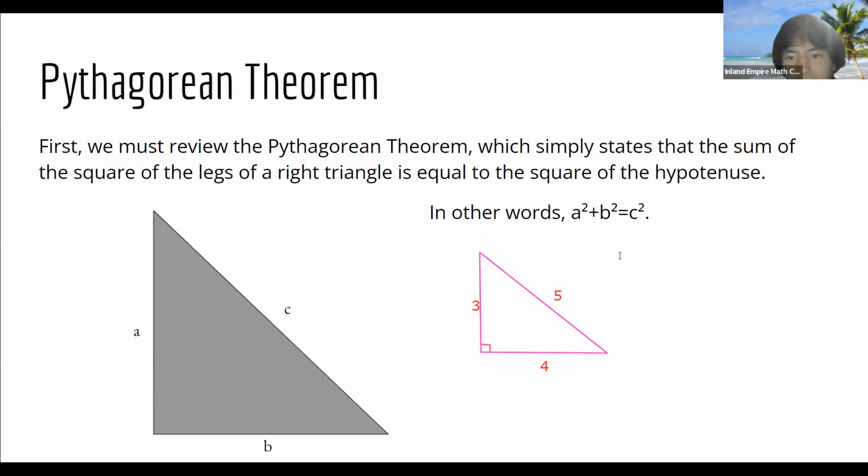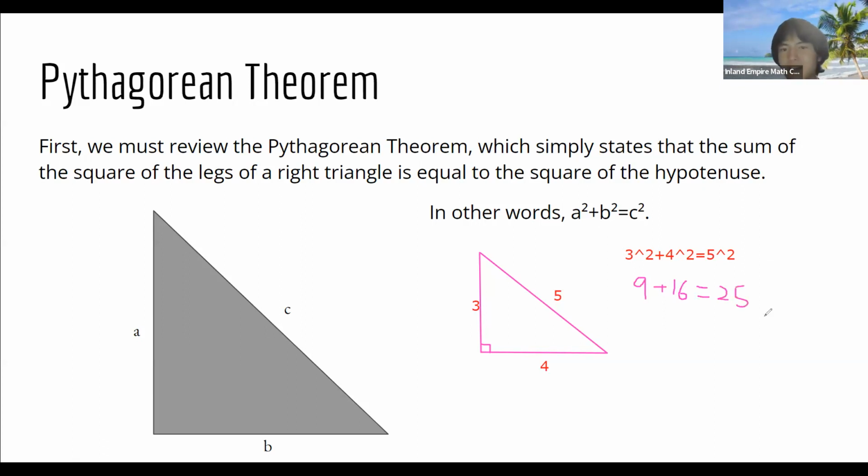So then by the Pythagorean theorem, we should have that 3 squared plus 4 squared is equal to 5 squared, right? If you evaluate this, you'll see that 3 squared is equal to 9, and 4 squared is equal to 16, which adds to 25, which happens to be 5 squared.